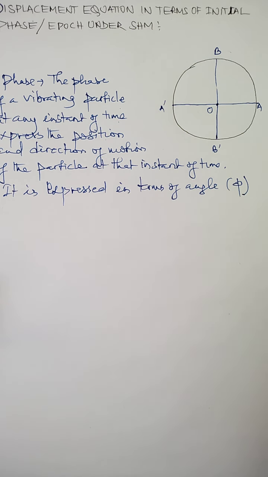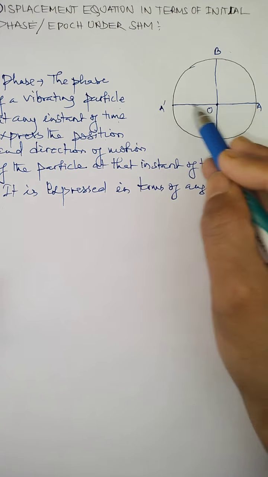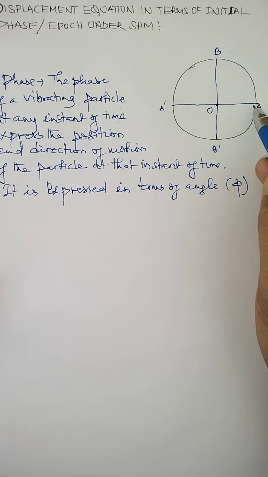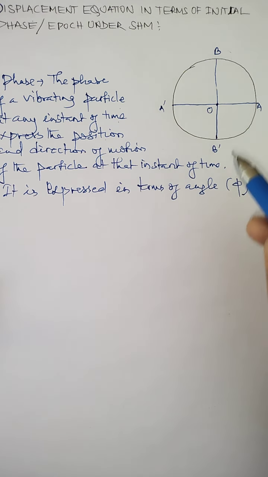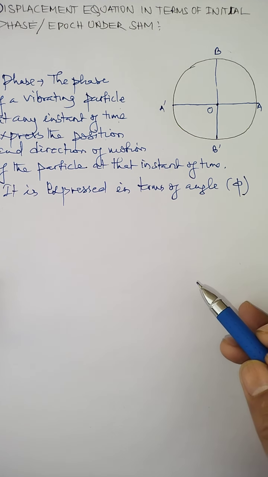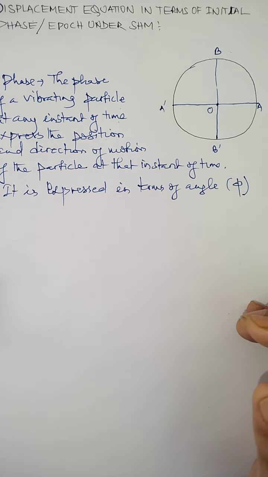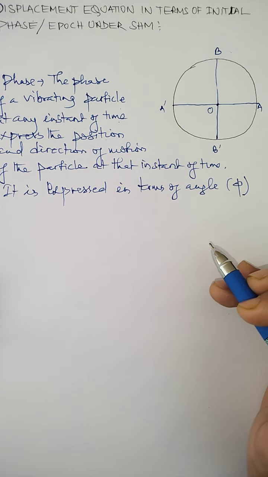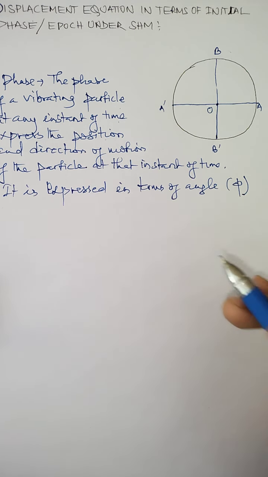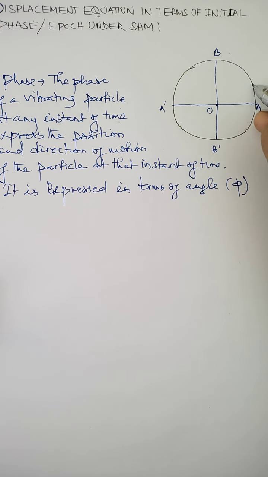Now in order to express this displacement in terms of initial phase, we know this line is a reference line, and we consider this line as the equilibrium or mean position line when the particle executes simple harmonic motion. But here, in order to write this displacement in terms of initial phase, I consider that the particle is starting its motion other than from this reference line, say at this point.